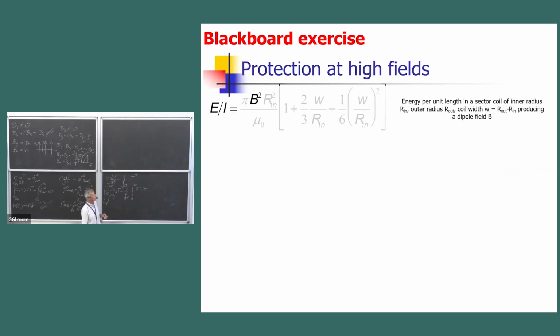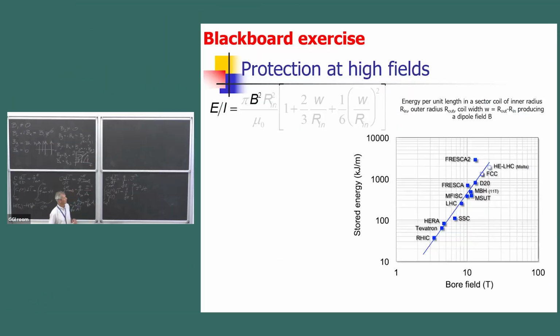The expression is not important. What is important is that it grows with the square of the magnetic field. Logical. And in fact, this is the stored energy in kilojoules per meter versus bore field for all the magnets that have been built or being designed. So you see, indeed, this slope here, it's really growing with the B square.